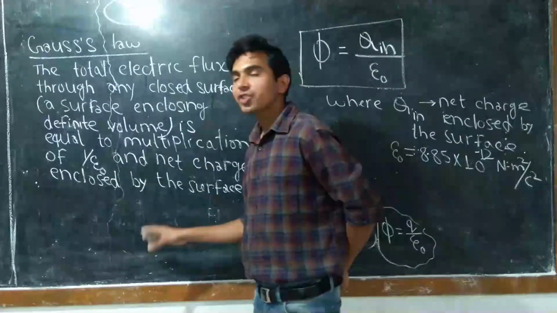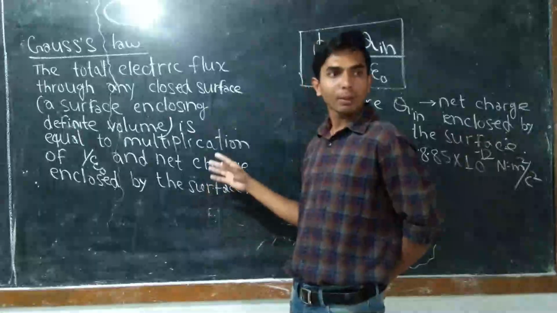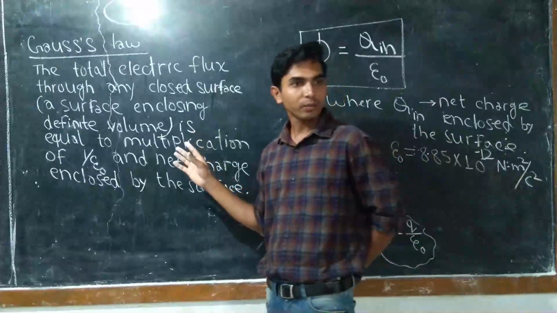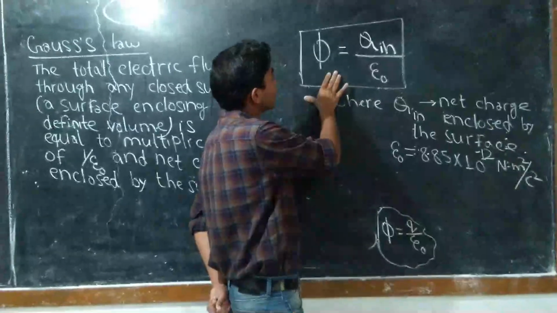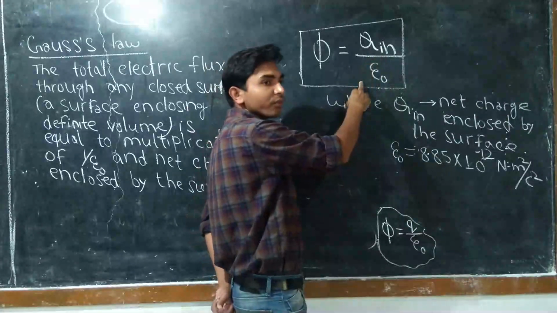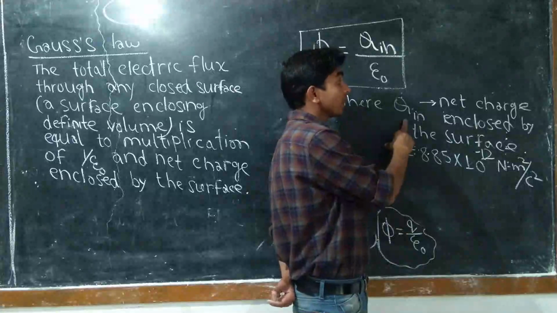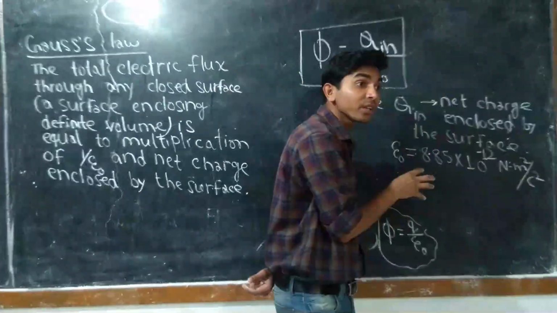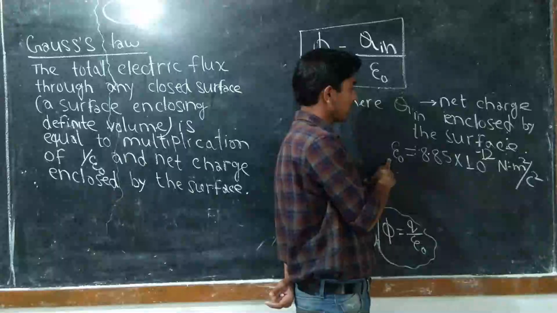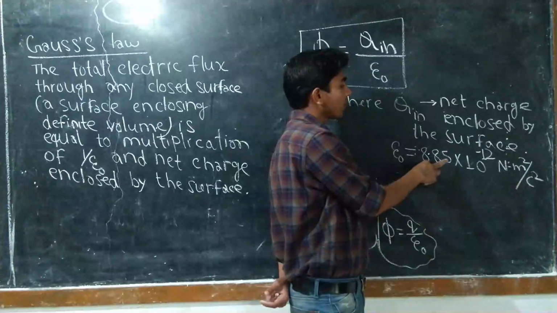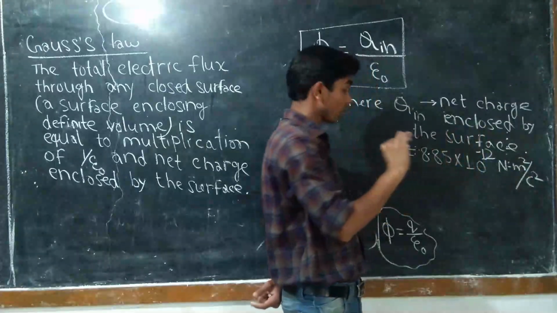We can also write this as a mathematical equation: phi is equal to Q in by epsilon 0, where Q in is the net charge enclosed by the surface and epsilon 0 is a constant with value 8.85 into 10 to the power minus 12 Newton meter square per coulomb.